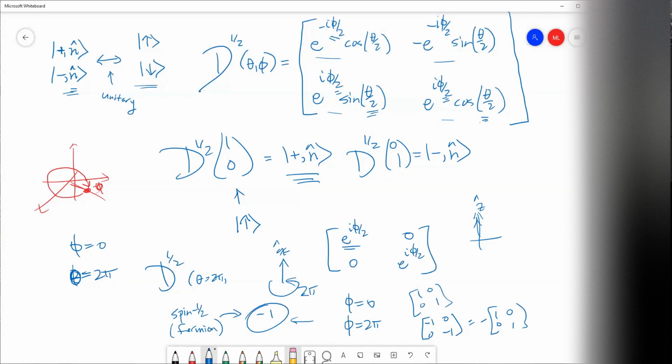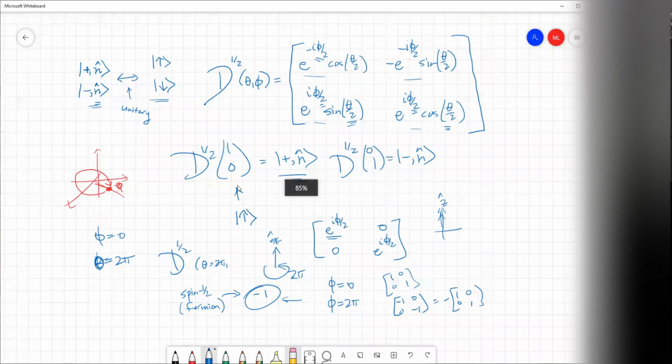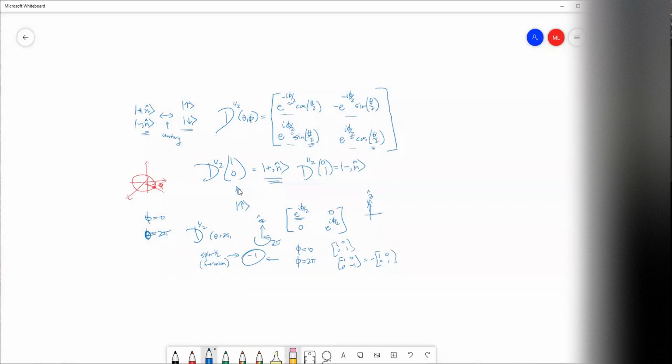If you remember the photon polarization, we also had a rotation matrix that connected different bases. And if you go back in your notes and you see what that looked like, this is what it looks like for photons.